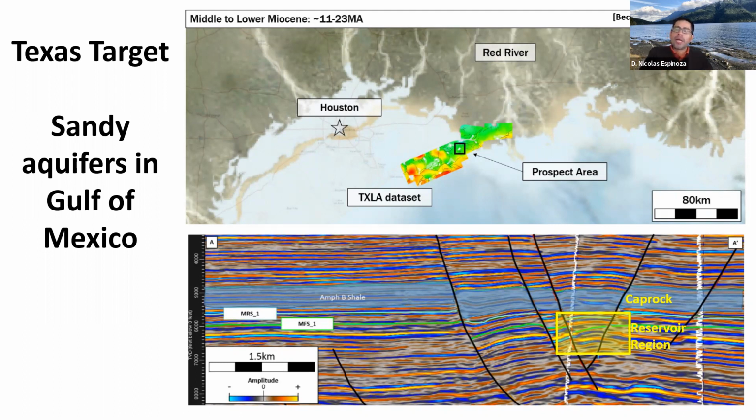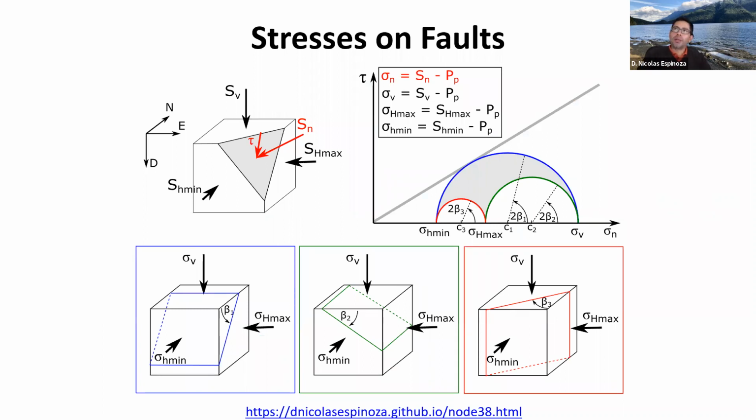All right, how do we solve this problem? We come back to the Mohr circle here. What we have to do is analyze the state of stress and how that state of stress is going to change when we inject a fluid, when we change the pore pressure.